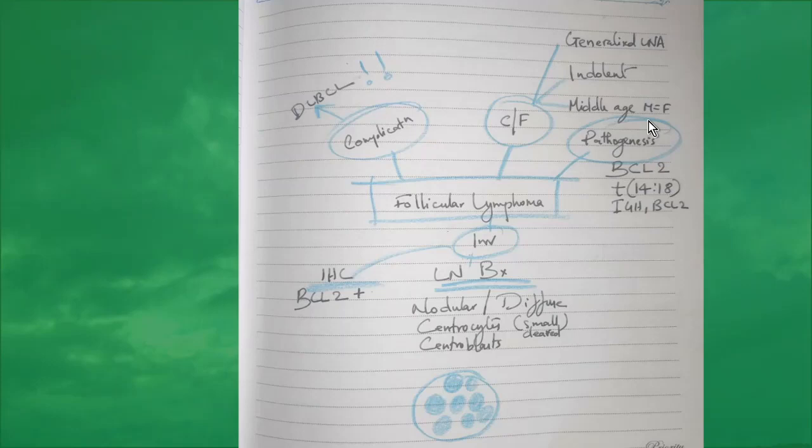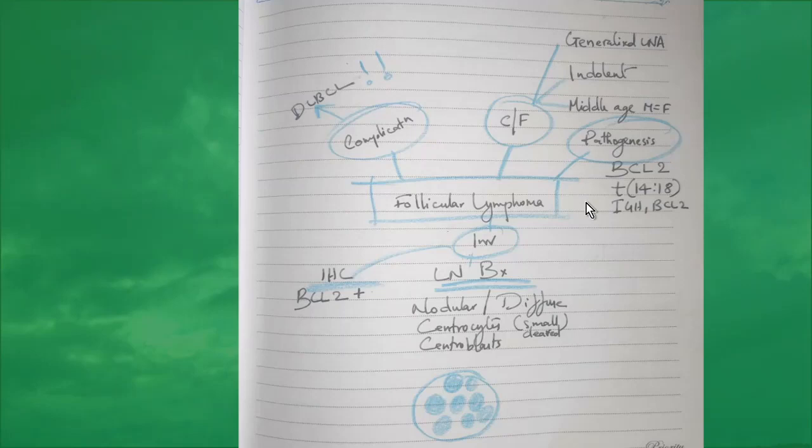Pathogenesis. Coming to pathogenesis of follicular lymphoma, the most important thing here is BCL2. BCL2 is upregulated in follicular lymphoma. BCL2, as we have seen, comes in apoptosis. So when BCL2 is activated, cells do not go into apoptosis.